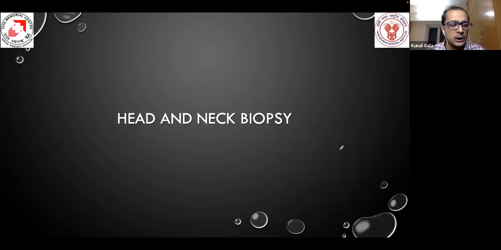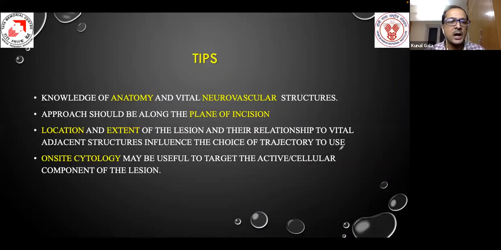Another most complex biopsy is the head and neck biopsy. Head and neck biopsies are complex because the anatomy is difficult, there is only a small window available, and vital neurovascular structures are present. The approach needs to be along the plane of incision, so one needs to discuss this approach with the surgeon who would be treating the patient.